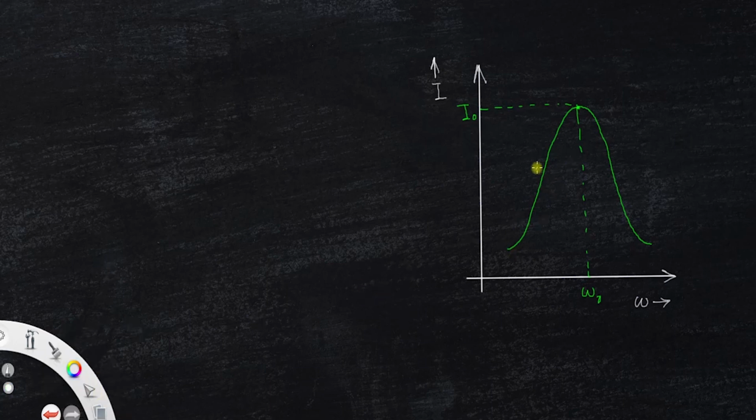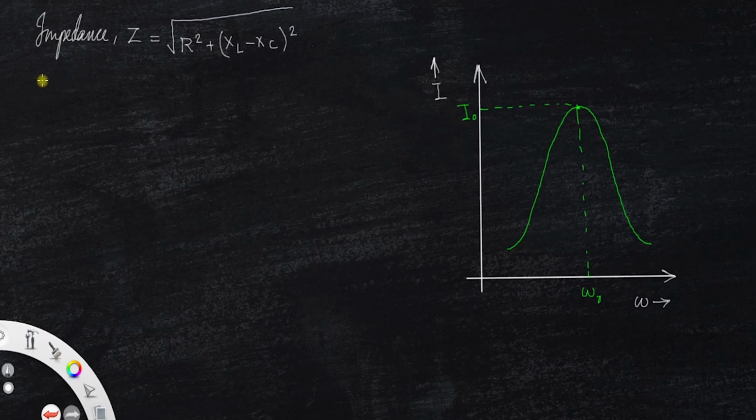For that, here the current is I0, and we know the expression for the impedance: Z is equal to the square root of R square plus (XL minus XC) whole square.